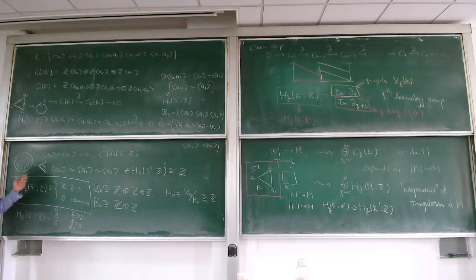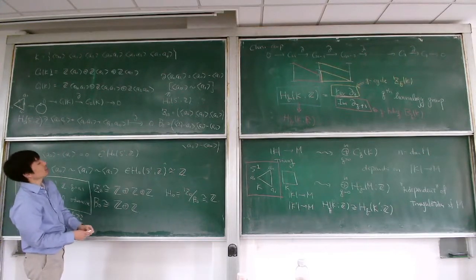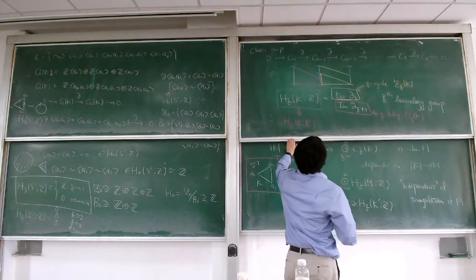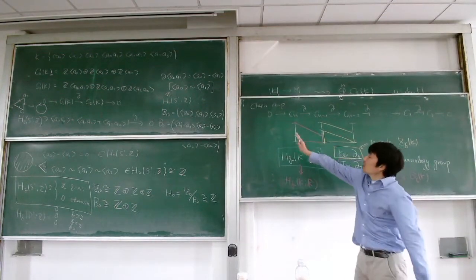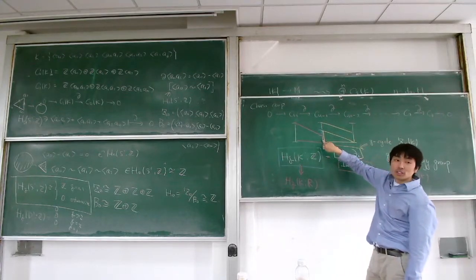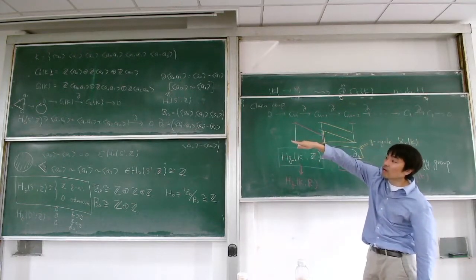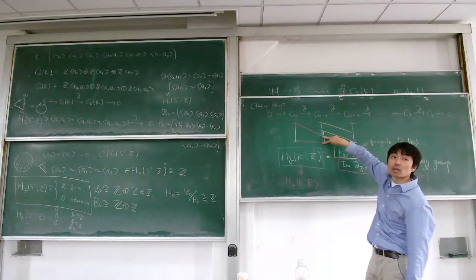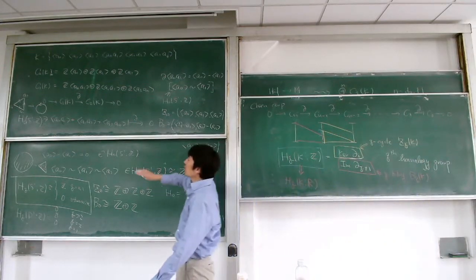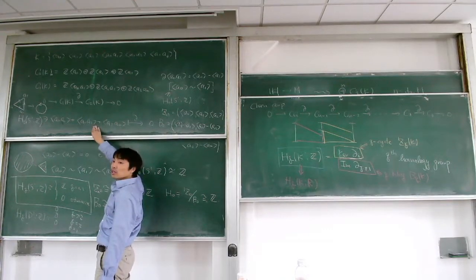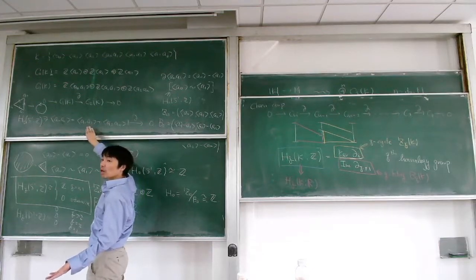Since this circle is bounded by the disk, the boundary of the disk is the circle. So the one cycle over there is included in this red one. Okay? So therefore, it's no longer non-trivial.